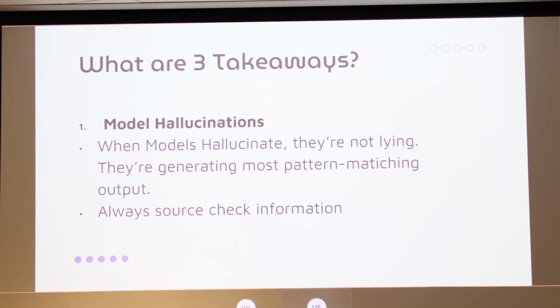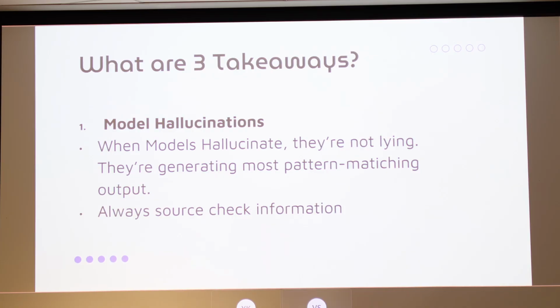Number one is something you have heard of, called model hallucinations. The model is not lying to you. There's no concept of lying for a system or an LLM model. What it's doing is trying to give you the most predicted outcome.